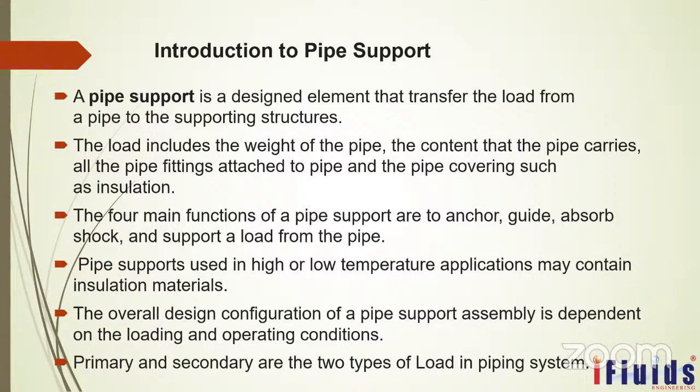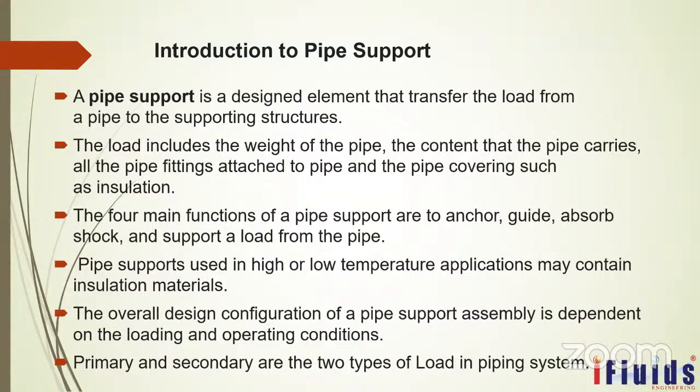The 4 main functions of the pipe support are: the pipe support not only carries the load of the pipe, but also anchors the pipe, guides the pipelines, absorbs any sudden shock from the pipelines, and supports the load from the pipe. So these are the 4 main functions of the pipe support.